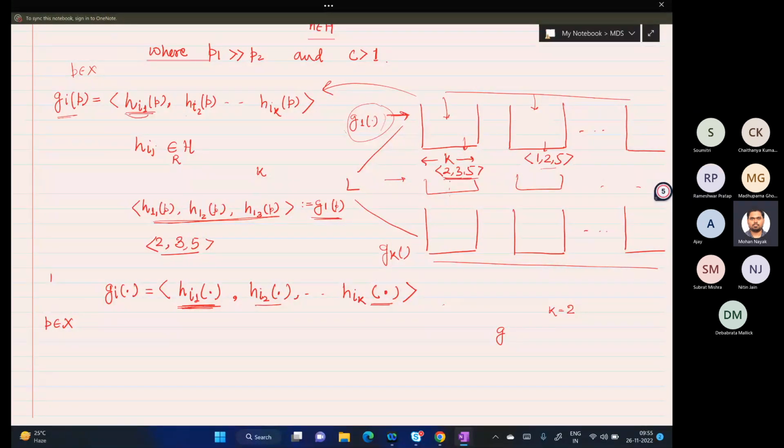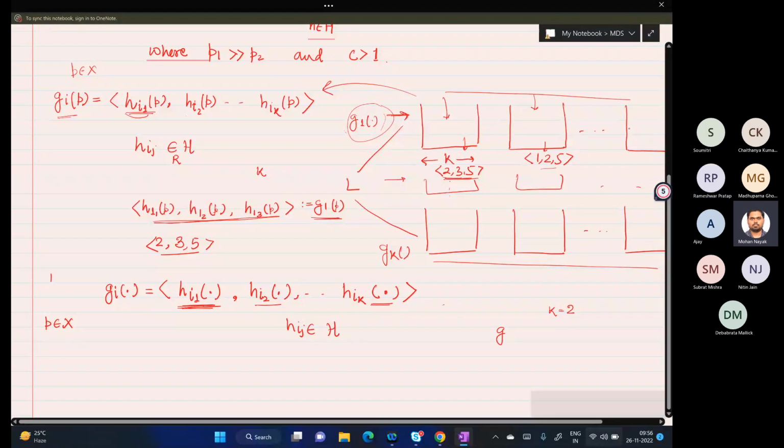But sir, you're saying G is a hash function, right? Which got formed with concatenation of H1, H2, and so on. Yes. So what is your question? I'm just getting confused. Let's say any number comes in, and I want to find out where that number will fall.